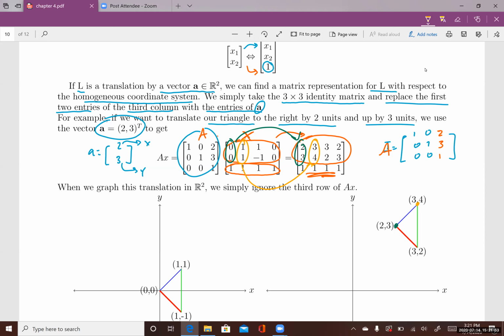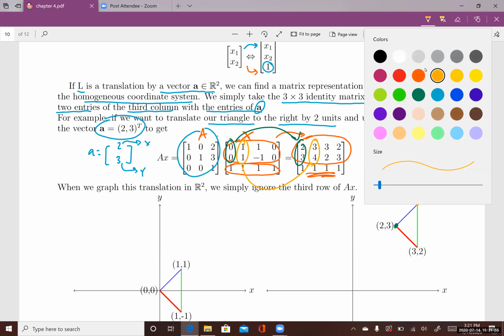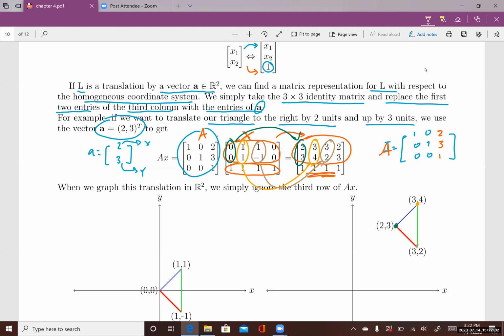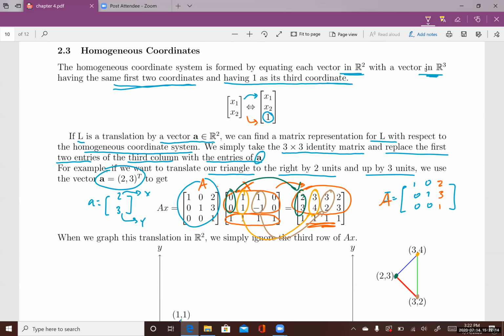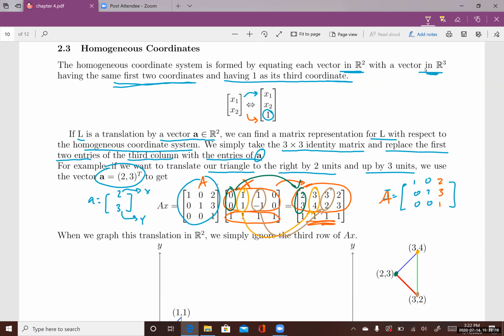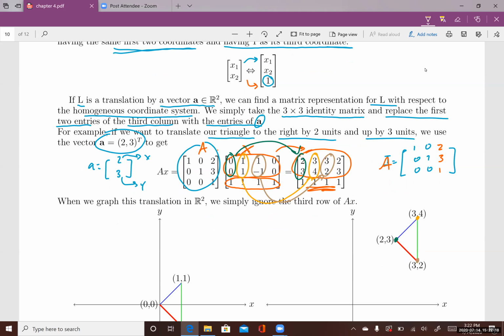And we moved from (1, -1) to (3, 2). So all the vertices are moved up by 3 and over by 2. And using this homogeneous coordinate system, we can do translations in two-dimensional space for two-dimensional graphics.